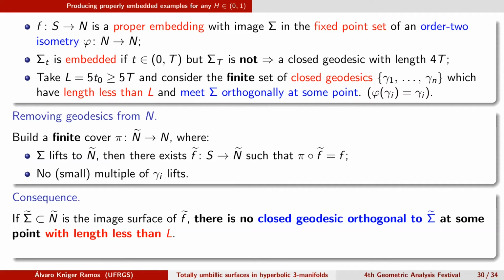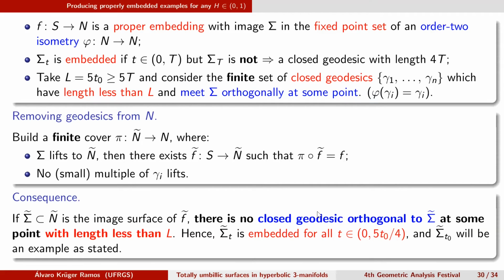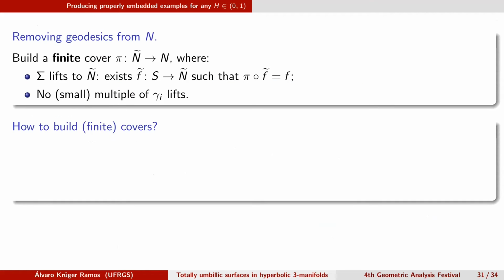It won't separate. It will have all the good properties that we need. So we know that the T-parallel surfaces are going to be embedded at least for this value of H, which is larger than T naught. So the surface sigma tilde T naught will be properly embedded in your manifold, and will be an example as we wanted. So this is the idea for the proof, and let me show you how to build this finite cover.